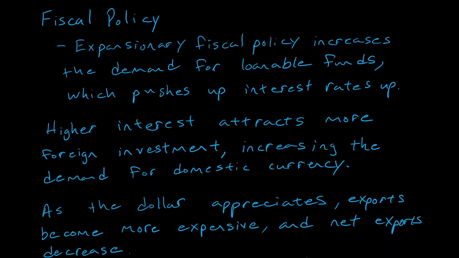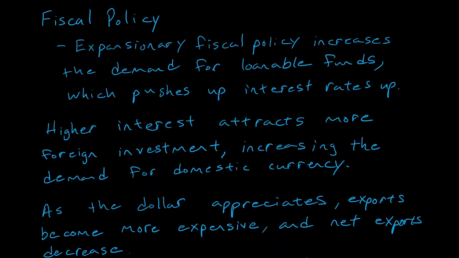All right, so this is another limitation of fiscal policy, right? When we have this increase in government spending, it can be offset by a greater difficulty trying to export goods.